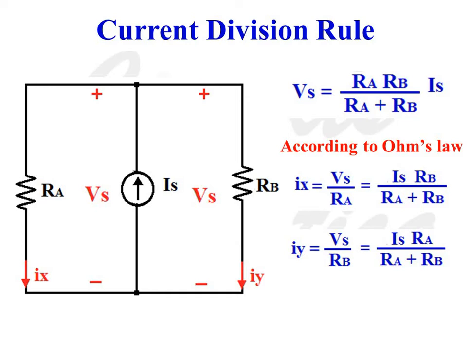Similarly, current flow through resistance Rb is given as Iy equal to Vs divided by Rb, that is equal to Is into Ra·Rb the whole divided by Ra plus Rb into 1 by Rb. So we will get Iy is equal to Is into Ra the whole divided by Ra plus Rb. So this is current division rule.